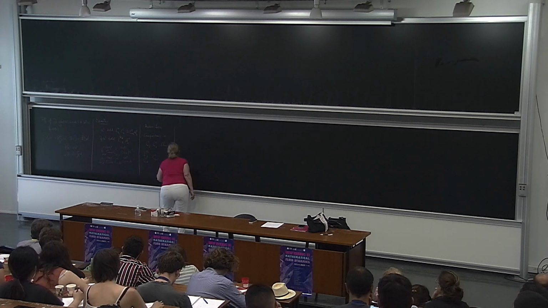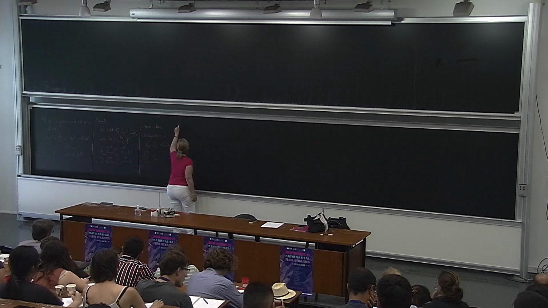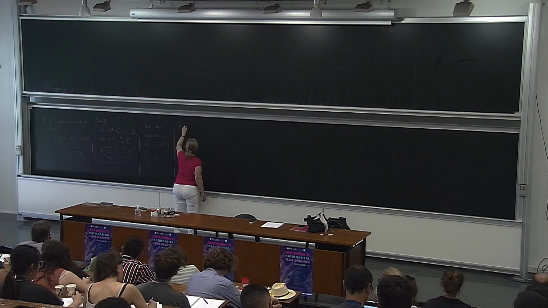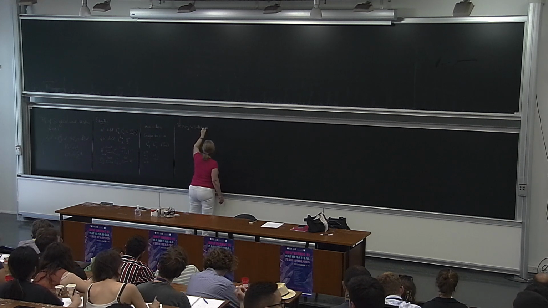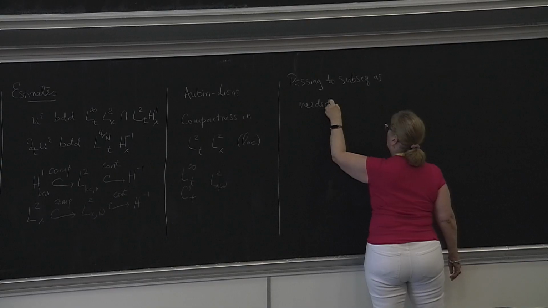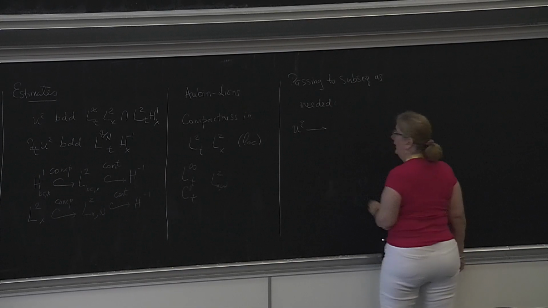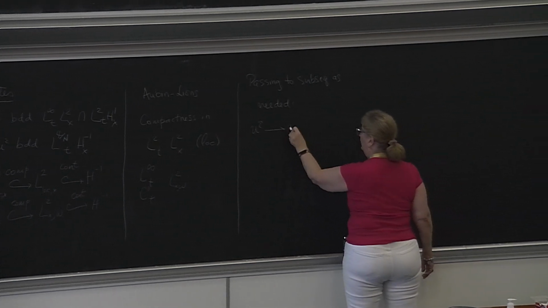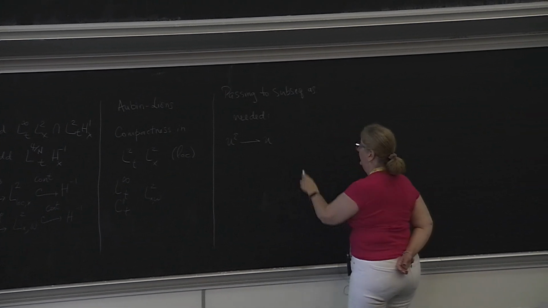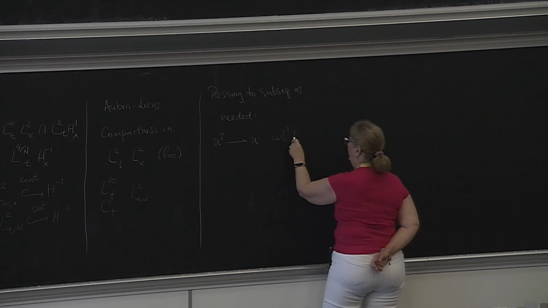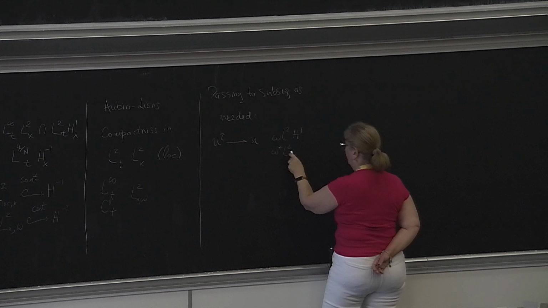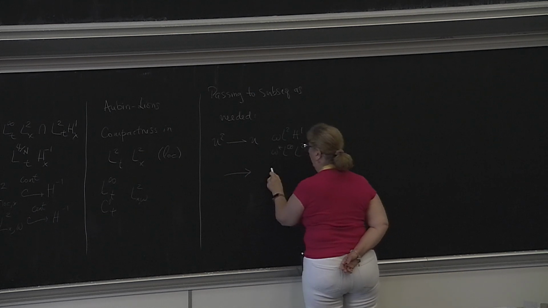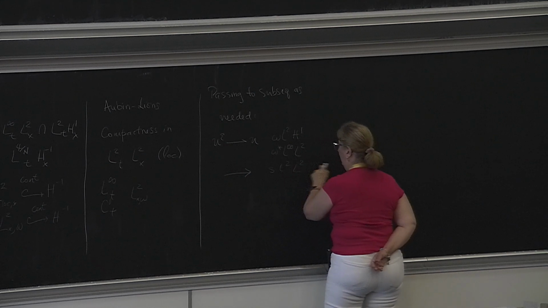All right, so now passing to subsequences as needed, I have my sequence U epsilon. We can converge weakly to U. This is going to be weak in L2 H1, weak star in L infinity L2, and strongly in L2, L2.